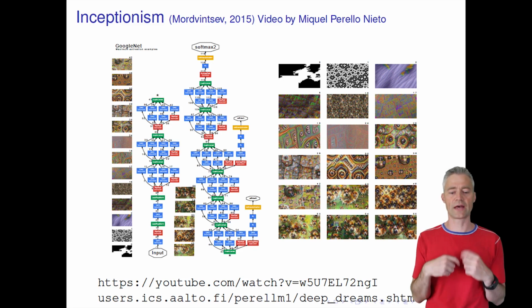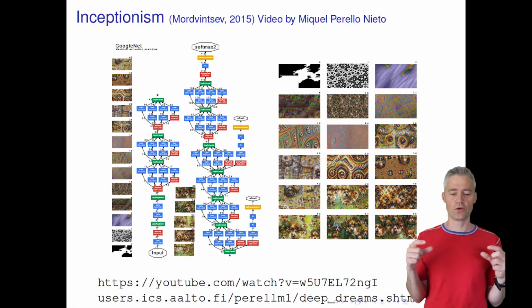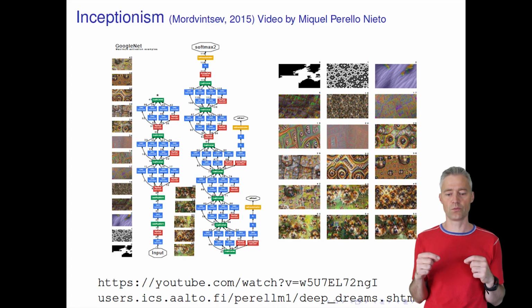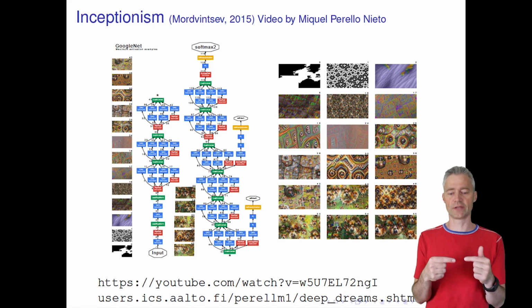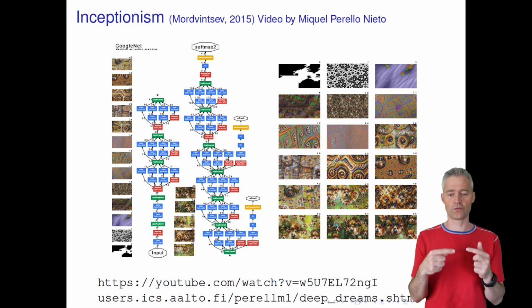So we start out with the first simple feature filters in the first layers, and then we update our input image 100 times to enhance the feature of one specific filter, and then we move on to the next filter and continue from the image we already had, and we do that again and again.